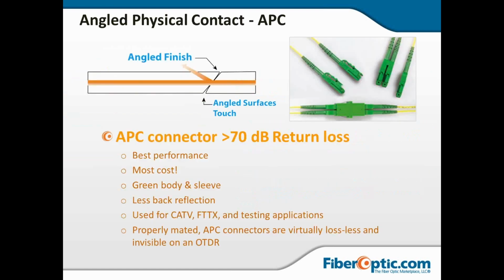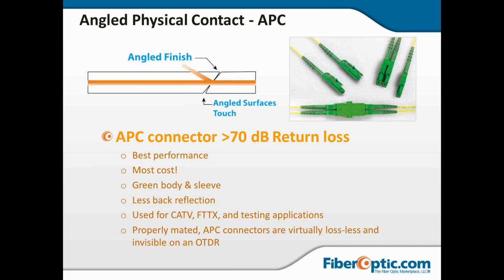And just so that we know that it's an angled connector that we're playing with, we're going to throw a green color on it instead of the blue. Again, I'm going to finish up talking about APCs. -70 return loss, some of them are even invisible. Used in CATV, FTTX, and testing applications.